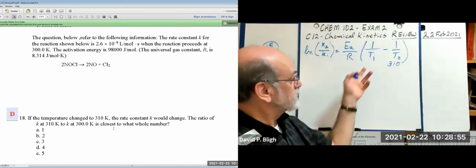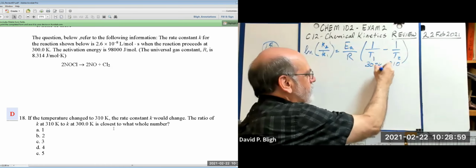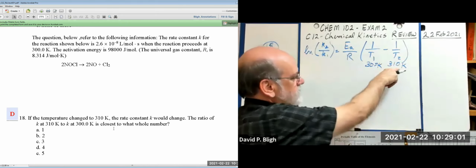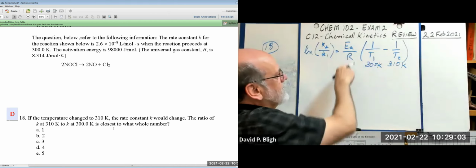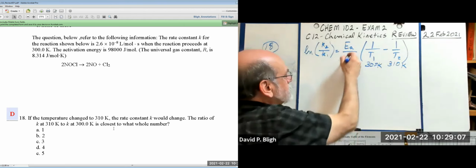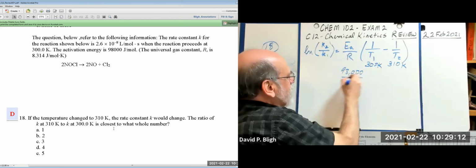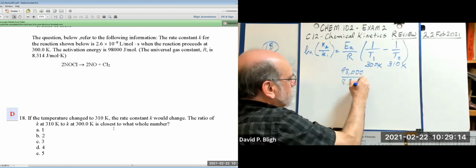So the initial temperature is 300 K. Final is 310 K. E sub A is 98,000, right? 98,000 divided by 8.314.